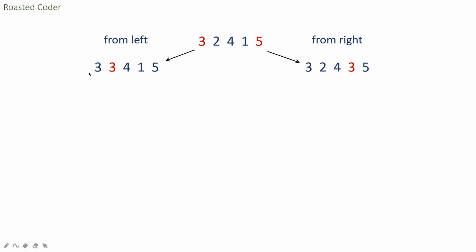So let's calculate this. In the first step it won't change since there are no numbers before this number, so it will be 3, and in the next step this will become 3, and again this will not change, and in the next step this will become 2, since we can subtract 2 from 5 two times, so we'll add 1 two times to this number, so it will become 3.